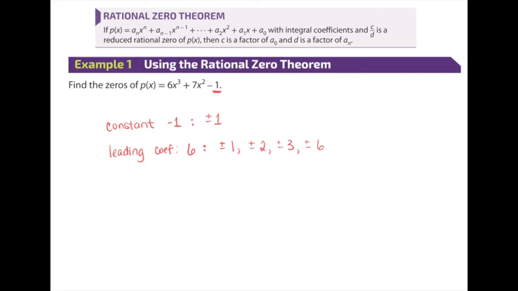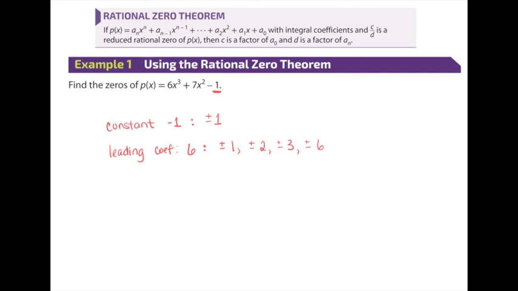So then what are all my possibilities for zeros? Well, I'm going to put my first one over all of my second ones. Now, it's really nice when it's just one factor there because then you don't have as many. You also have to consider the positive and negative, but the positive and negative is just going to create a positive negative, right? Positive, positive, negative, negative, positive, negative, etc. So you don't have to repeat it over and over.